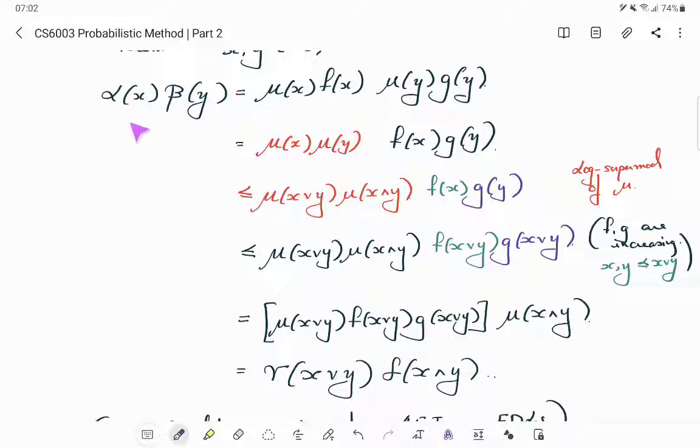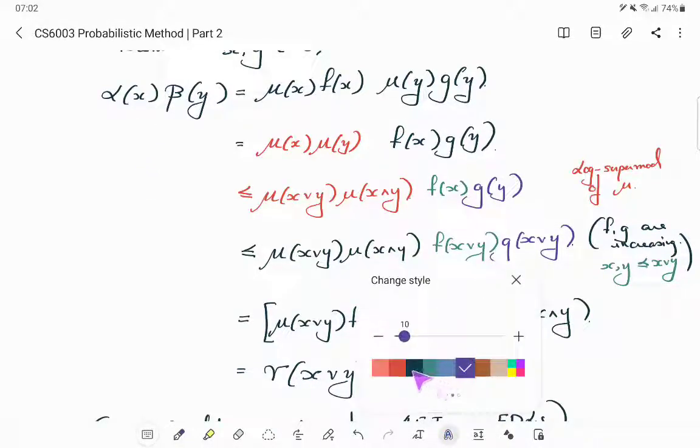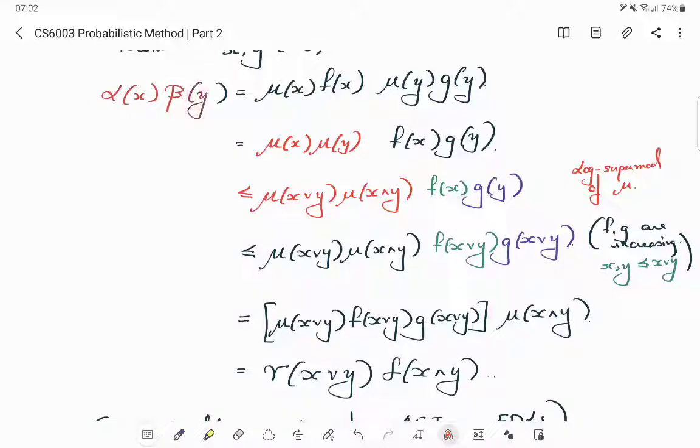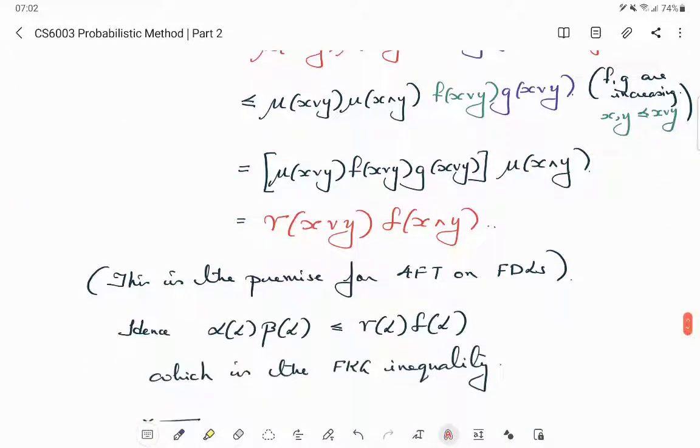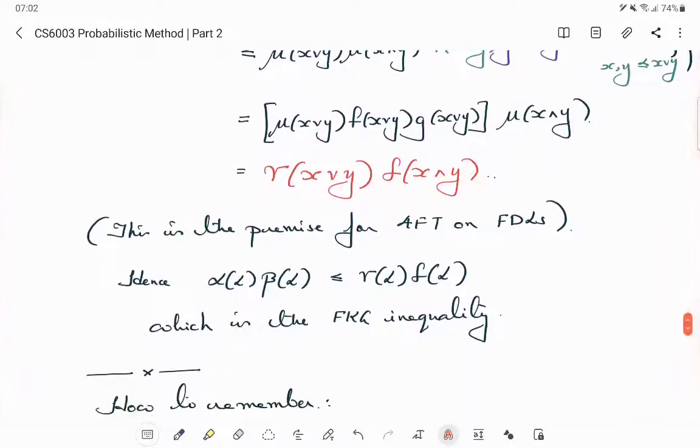Okay, so putting it all together, you see that alpha x times beta y is upper bounded by gamma of x join y times delta of x meet y, and hence this satisfies the premise of the four functions theorem for lattices, and hence the conclusion follows. And the conclusion we can apply for the entire lattice, and that's exactly the FKG inequality. Okay, so this is done.